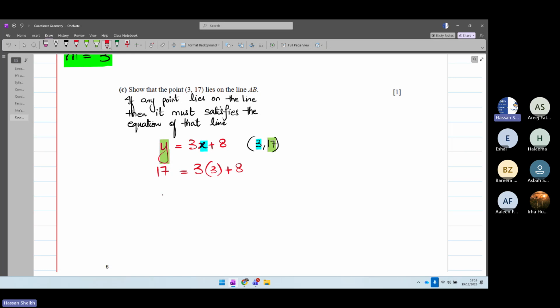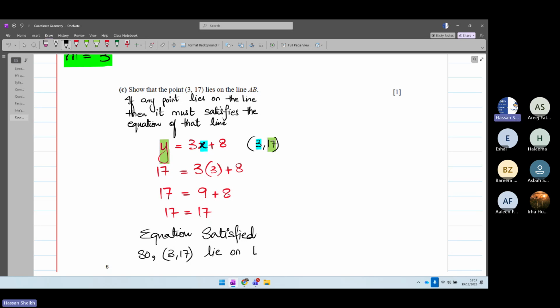So is it satisfying? Equation satisfied. So 3 comma 17 lies on line AB.